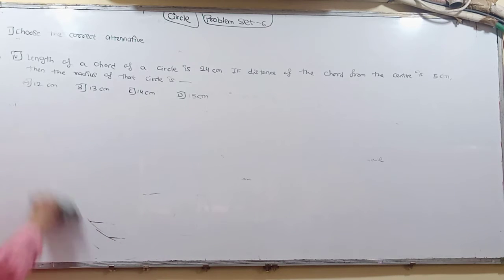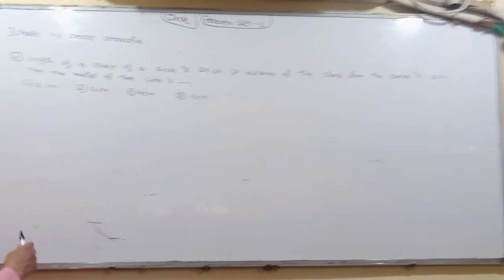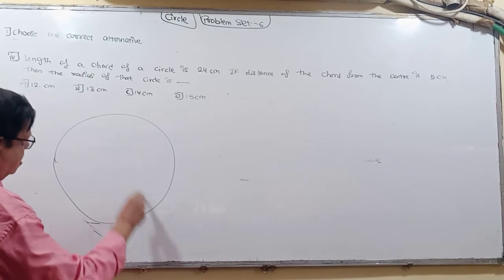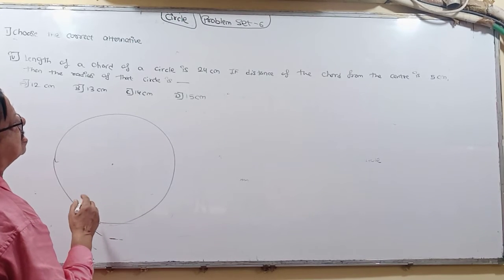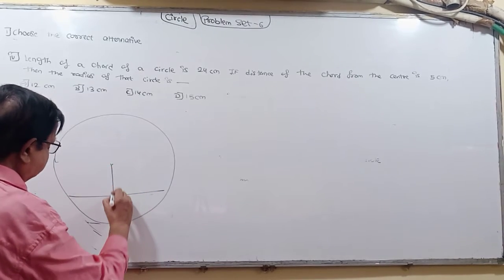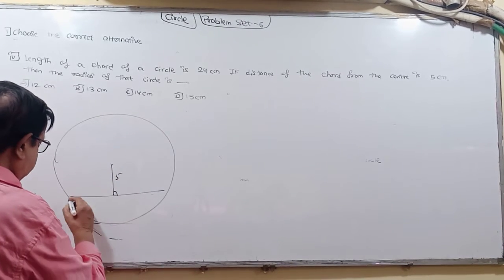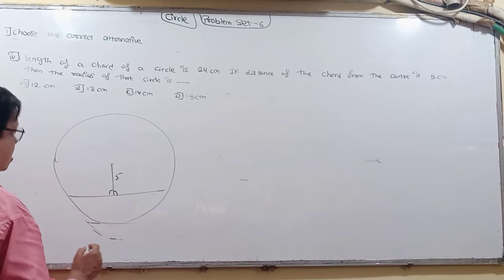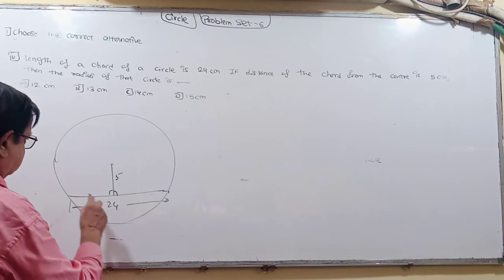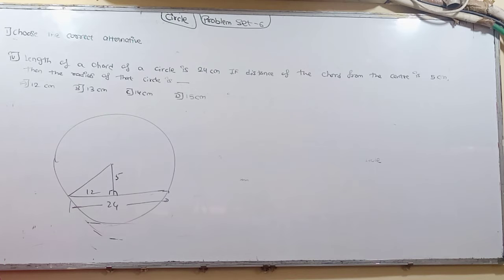Now first one. क्या दिया है? Length of the chord of a circle is 24 centimeter. ये distance दिया है. Length of the chord is 24 and distance दिया है 5. ये length of ये perpendicular distance है. देखो ये 24 होगा तो this will be 12. हमको चाहिए radius.